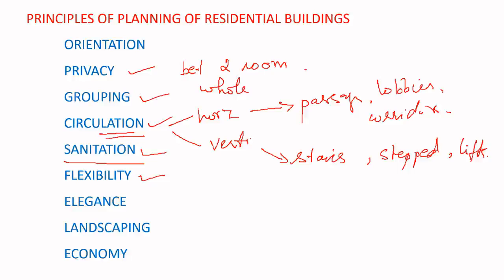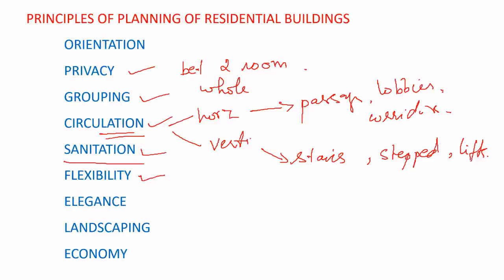For example, you may have a dining space which will be attached to the drawing room, and you can have an additional veranda with the help of large windows, so that these can allow the areas to be converted into a hall also.